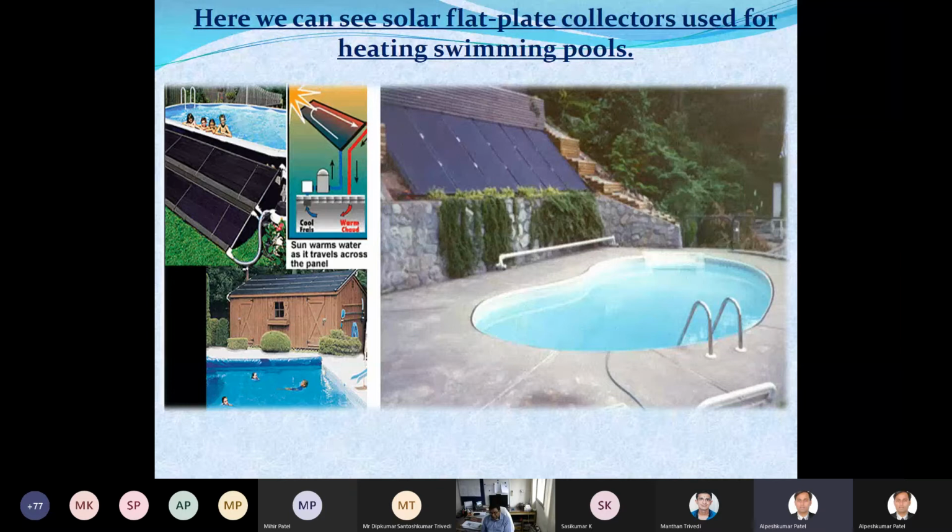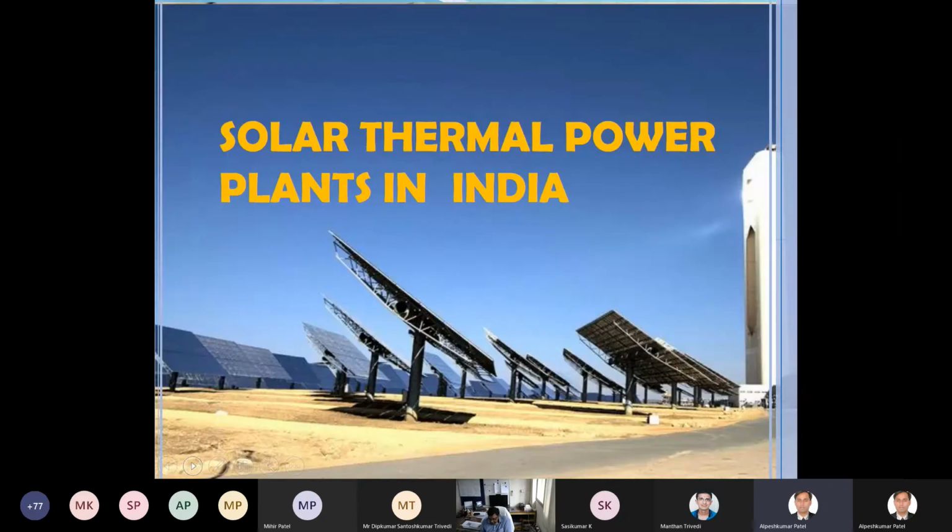Most of the time, around 6-7 months, it is closed. Research is not required. We only want to develop the product or the prototype, because the systems are there. So what is the harm if we connect this swimming pool water with a simple flat plate solar collector? So that scope is there. The only thing is you have to think about it.